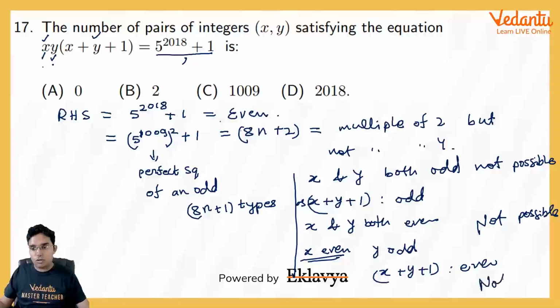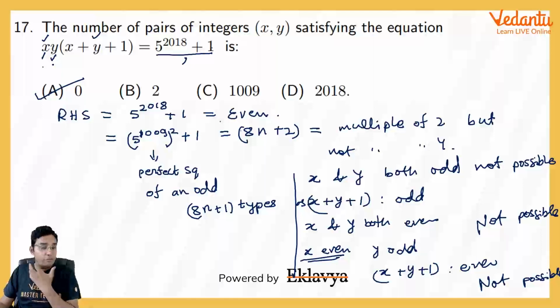So this is also not possible. So the answer here will be 0. No pair x, y is possible for which this will become equal to this thing. Okay, in number theory we find many questions which we conclude in the end that it is not possible.